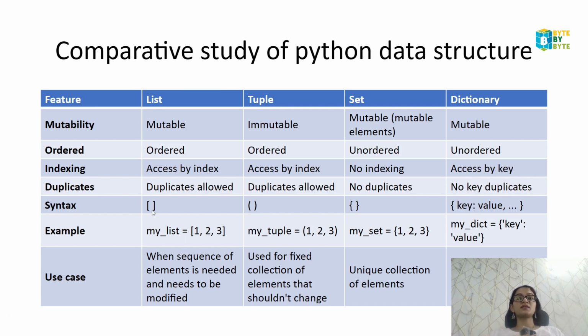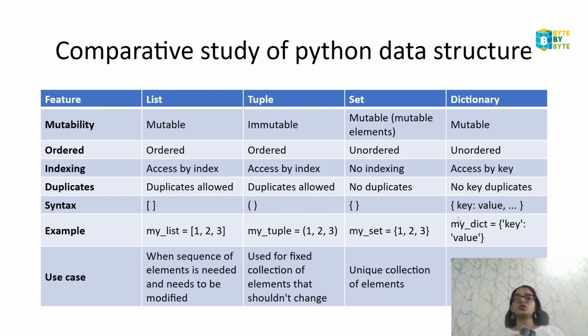Okay, your syntax. For list, elements are enclosed in square brackets separated by commas. Tuple elements are enclosed in round brackets separated by comma. Set elements are enclosed in curly brackets separated by comma.